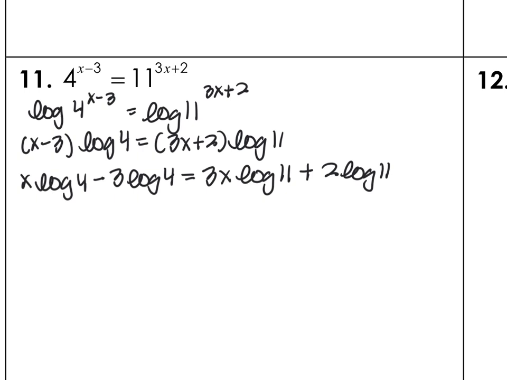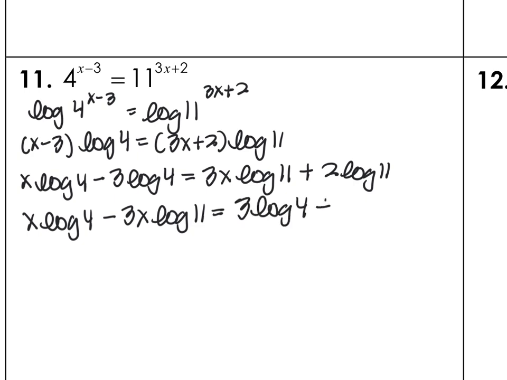Move every term with an x to the same side. x log 4 minus 3x log 11. Over here, I'm going to add the 3 log 4. All right, now we're going to factor out the x that they have in common, because I need the x to be by itself.